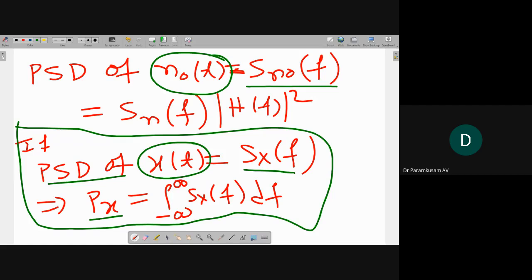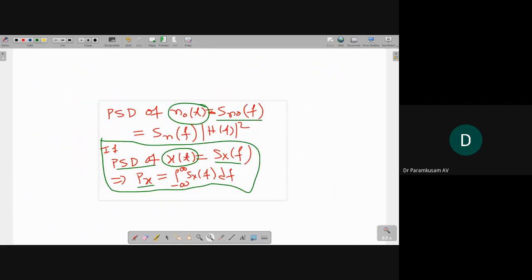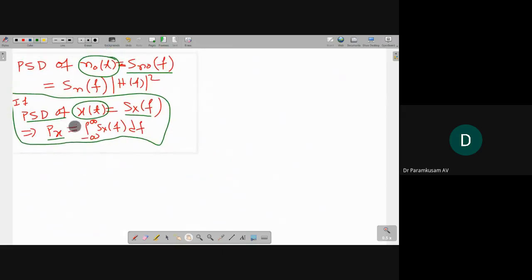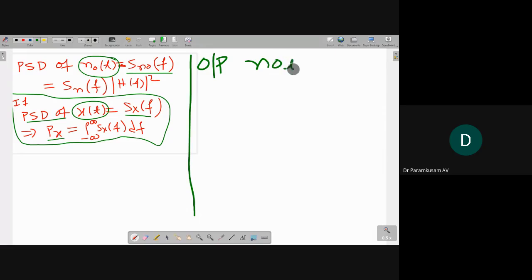Then what is the noise power according to this equation? The output noise power is equal to the integration from minus infinity to plus infinity.